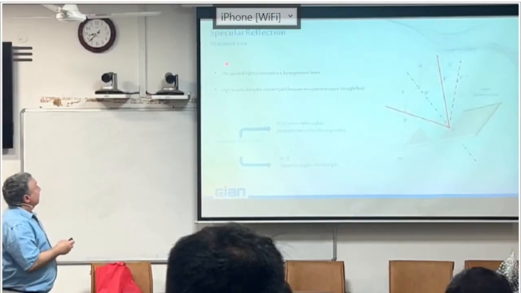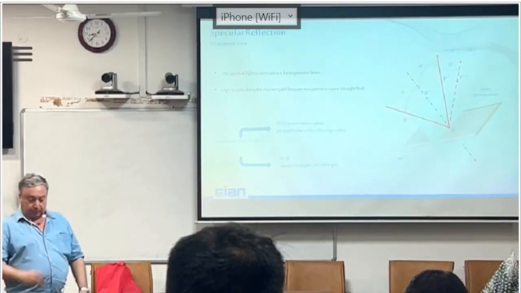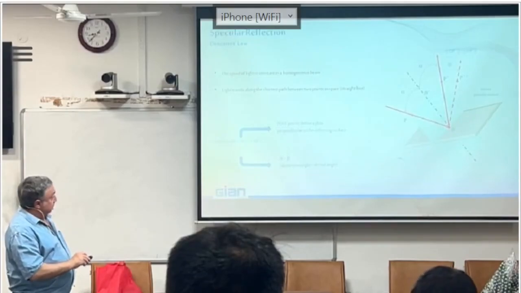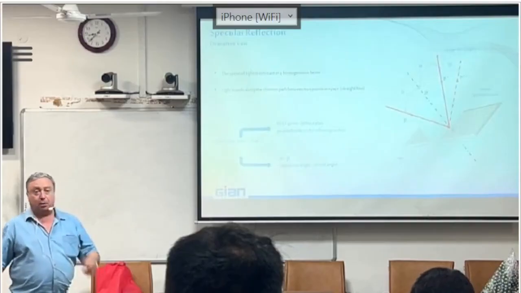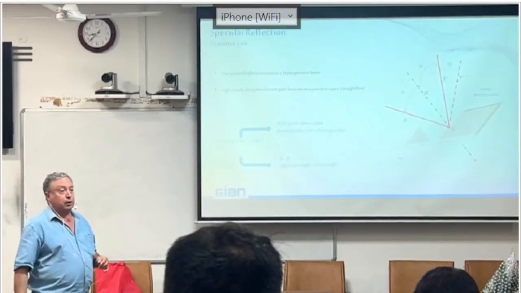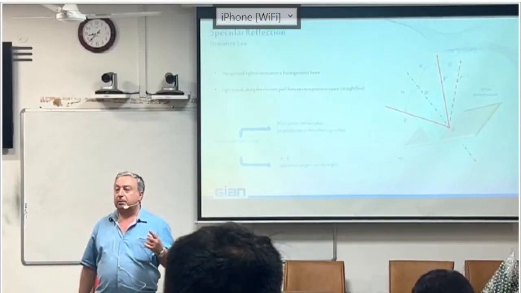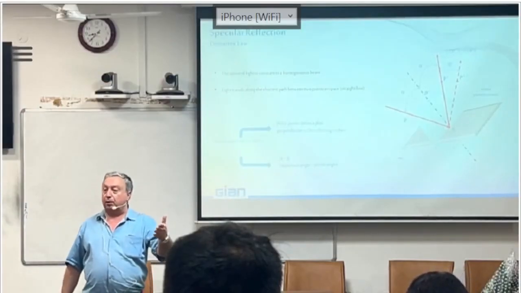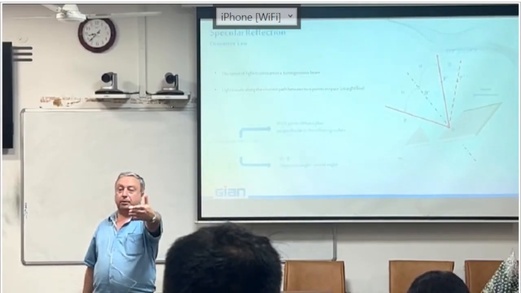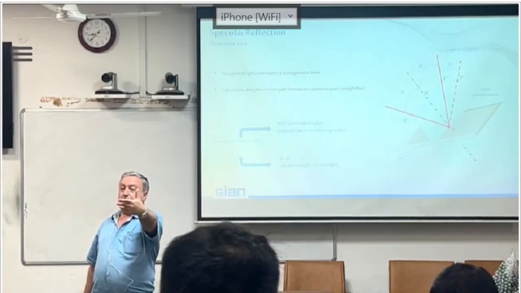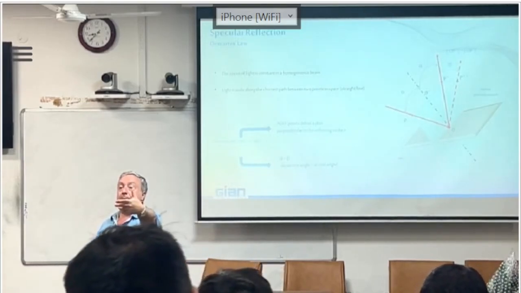Well, specular reflection, I told you, this is general for all people. There is only one kind of reflection that we call specular reflection. It is a reflection kind of mirror, okay? And you know that when you look at yourself in the mirror, you can see yourself inverted inside the mirror.